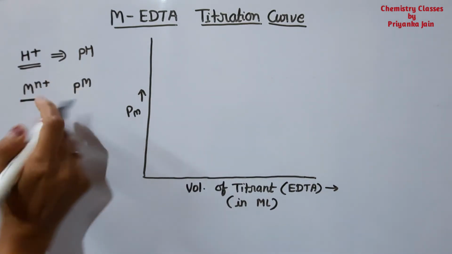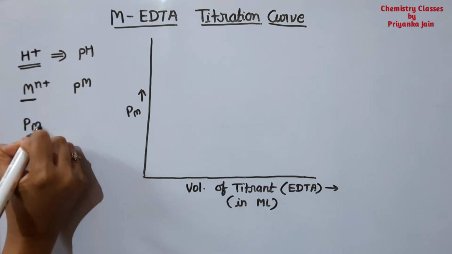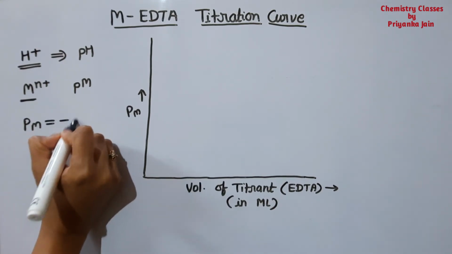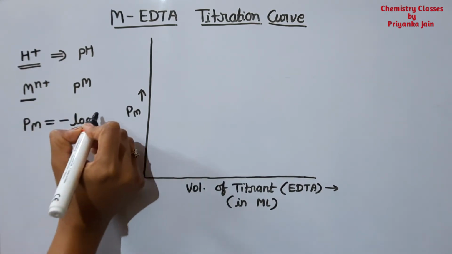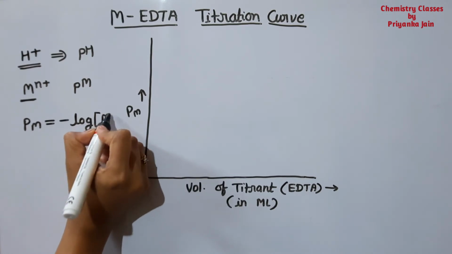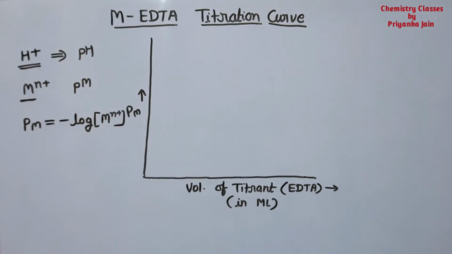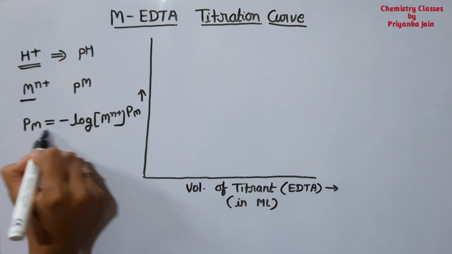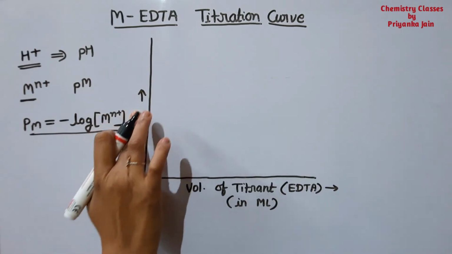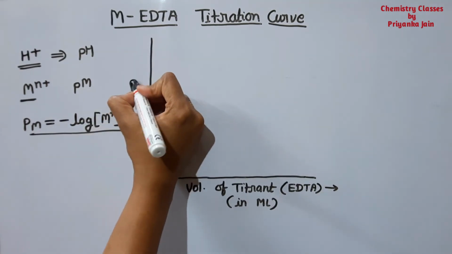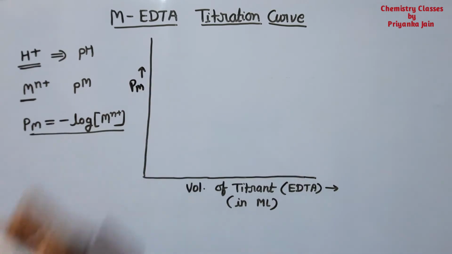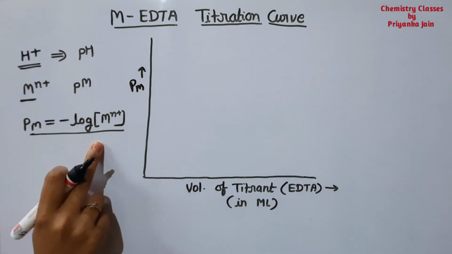So what is pM? It is simply the minus logarithm of the concentration of M^n+ ions. We can write it in this way. So this is the value of pM.